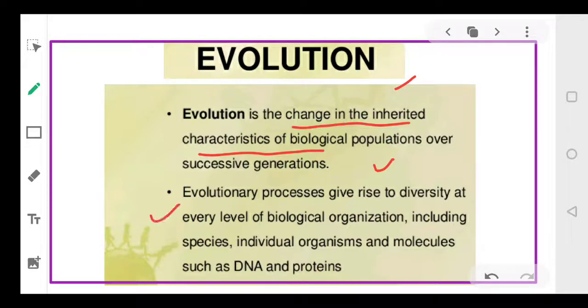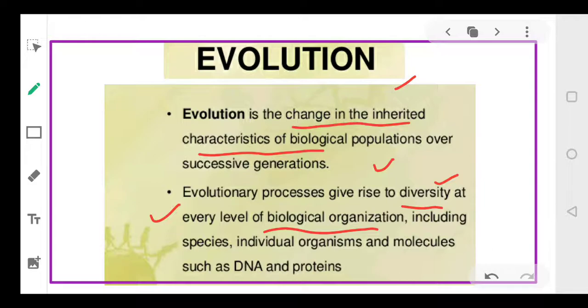And the evolutionary processes give rise to diversity, because every organism adapts to the environment depending upon its capacity. So the evolutionary processes give rise to diversity at every level of the biological organization. That is your species.